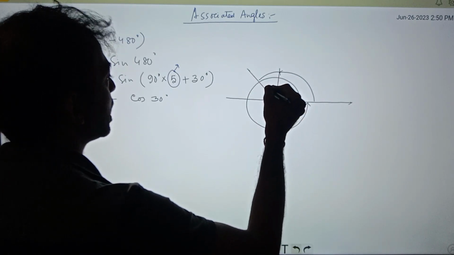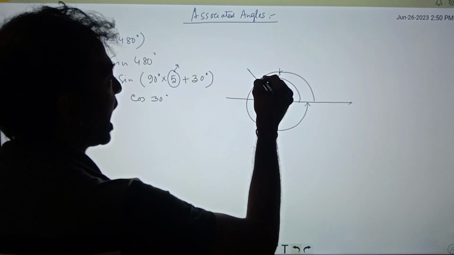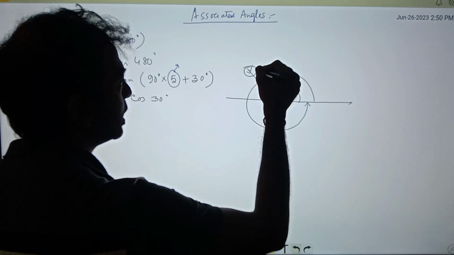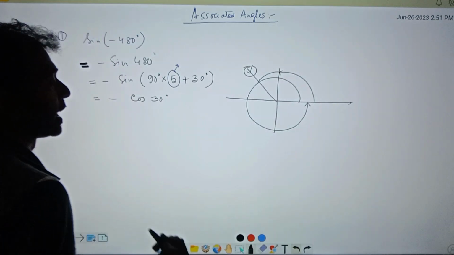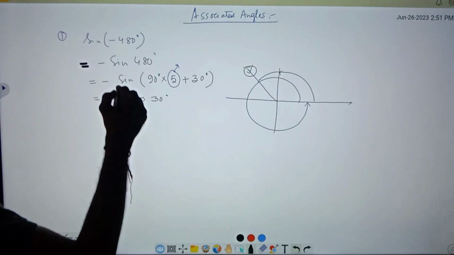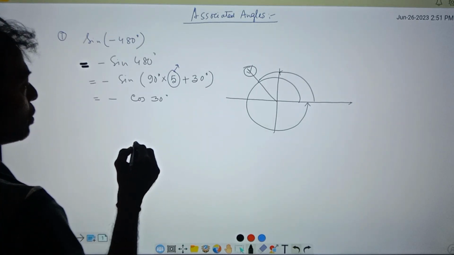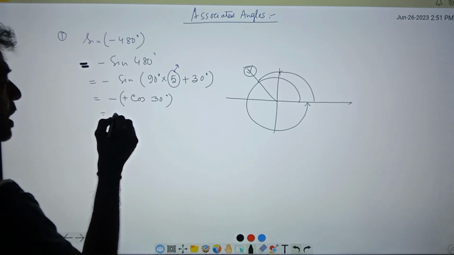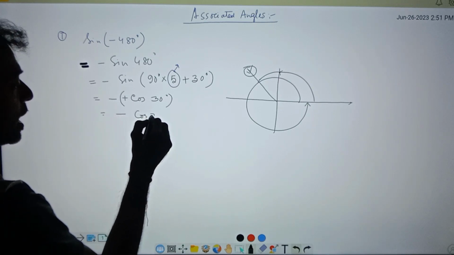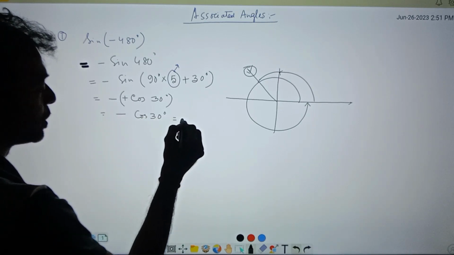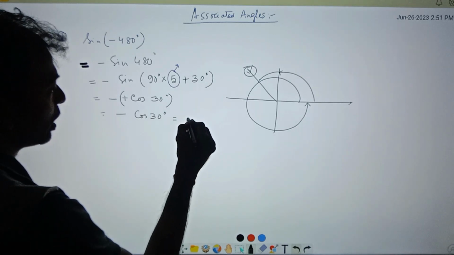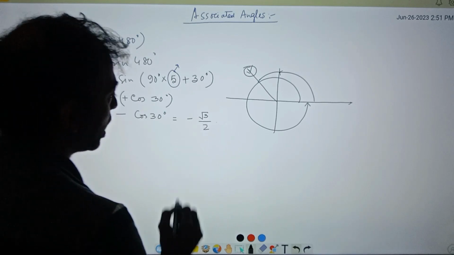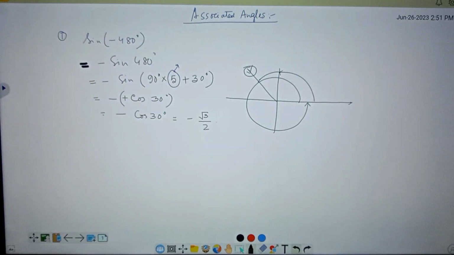So the ray is lying in the second quadrant, and in the second quadrant sine is always positive. So that will be plus cos 30 degree. Hence minus plus makes it minus cos 30 degree. We know that cos 30 is equal to root 3 by 2. So the answer will be minus root 3 by 2. Very easy problem.